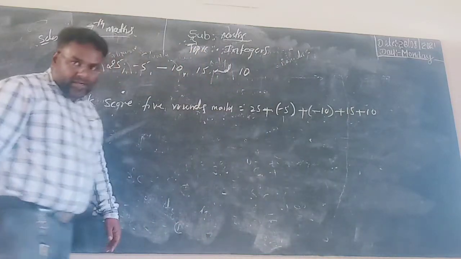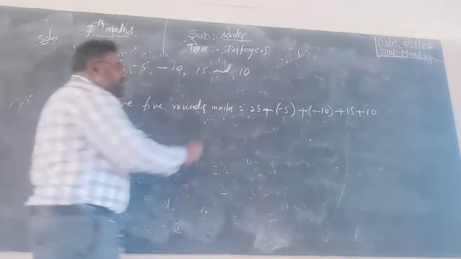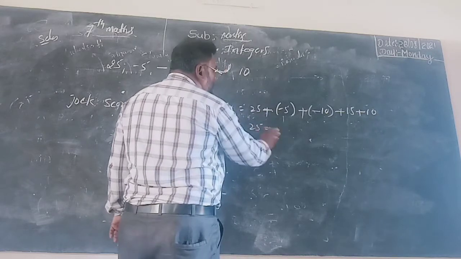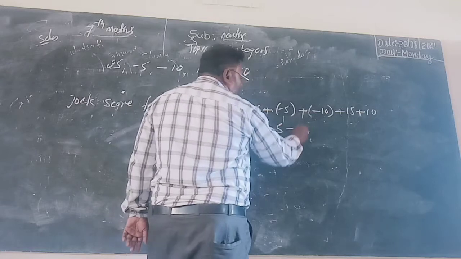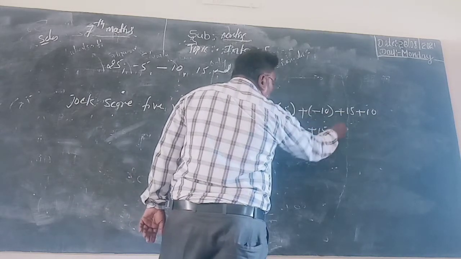That is 25, plus into minus, minus 5, plus into minus, minus 10, plus 15 plus 10.